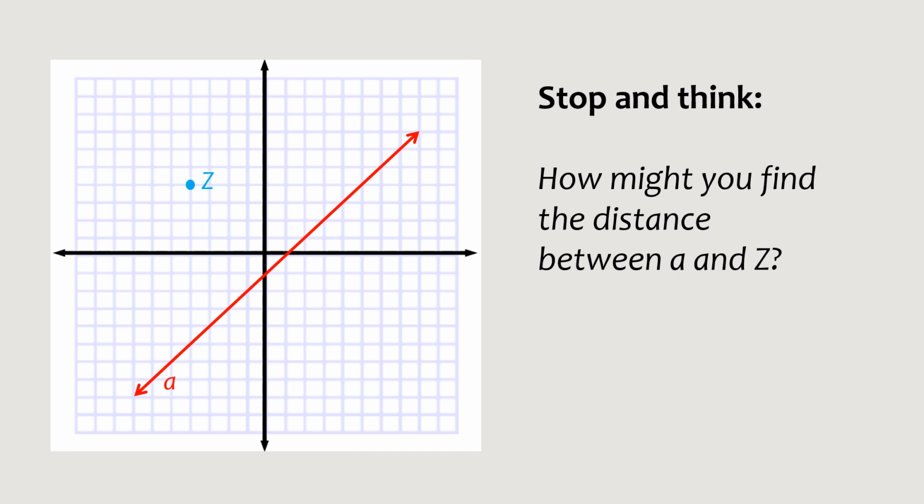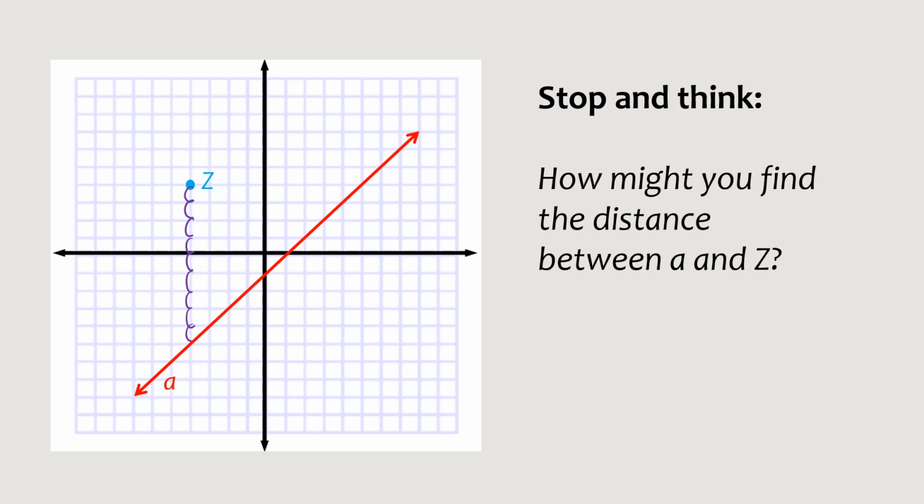How do we figure out the distance between this point Z and this line A? So I ask this question at the beginning without necessarily telling you how, because I like you to think about it. A lot of times I see students say, well, let's just count down along my grid lines how many spaces away, for example, Z is from the line.